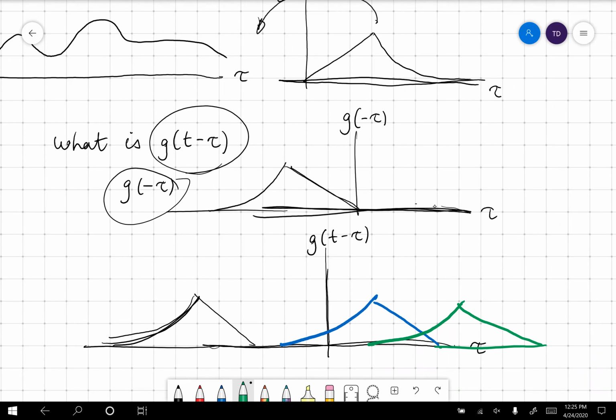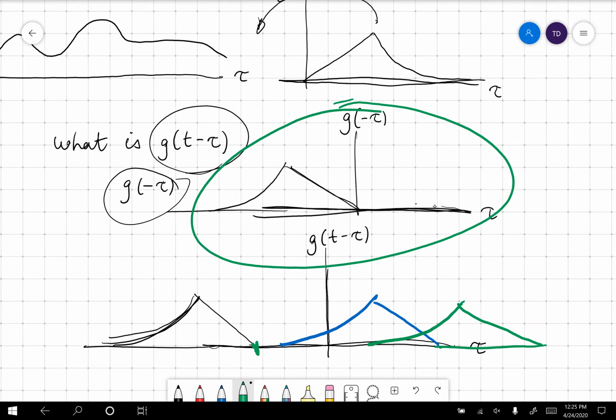Okay, here's what's important. This leading edge, so we go back to this picture where it's not shifted, and I look at what the tau values are on these edges, these important points.